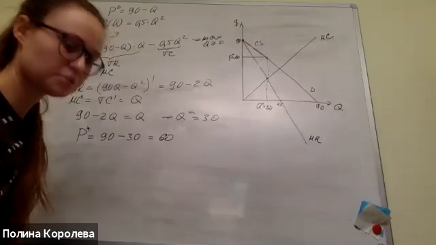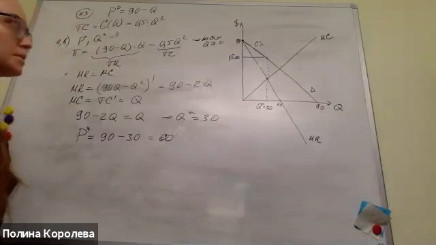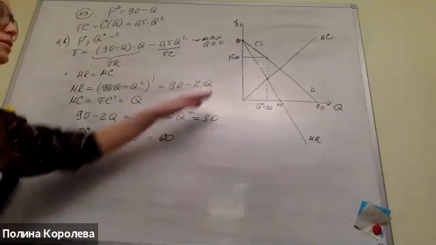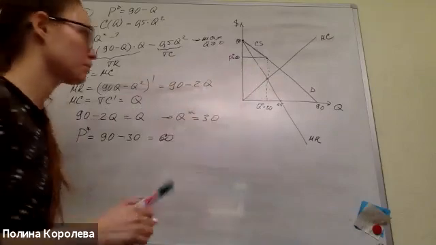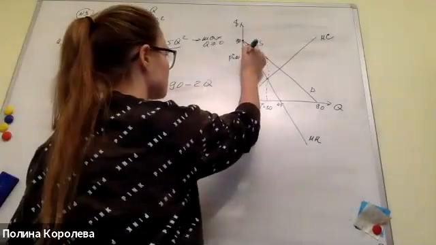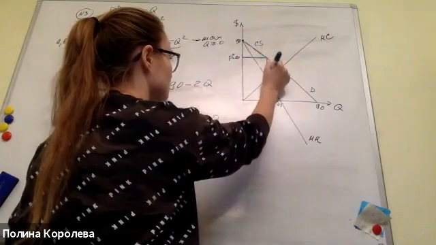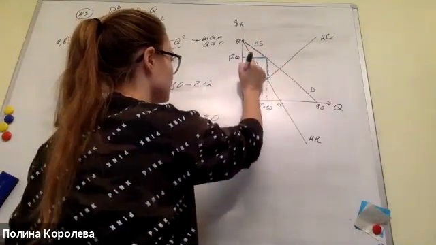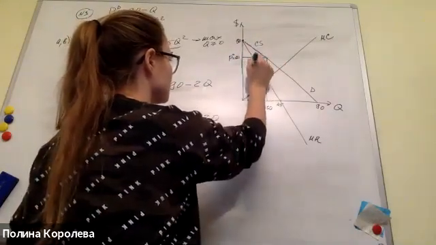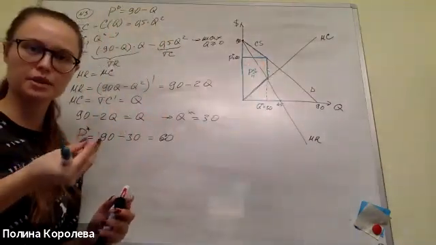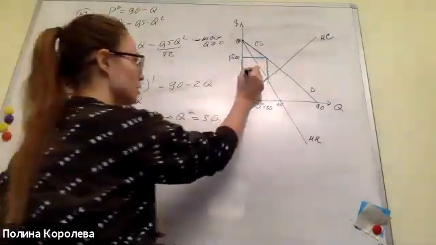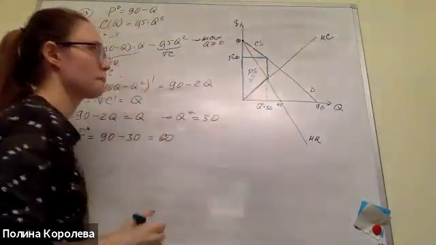Then producer surplus is the area under the price and above marginal costs. So this trapezoid is the producer surplus, or in our situation, the profit of the monopolist. Why? Because we have only one firm.